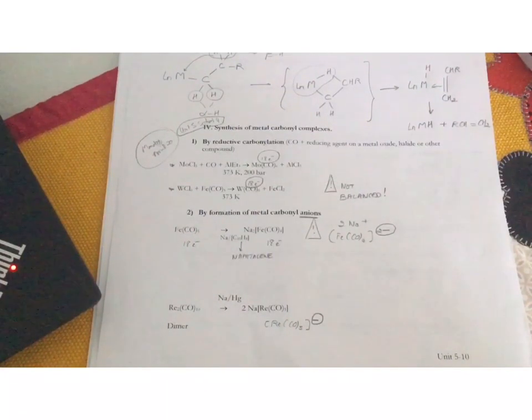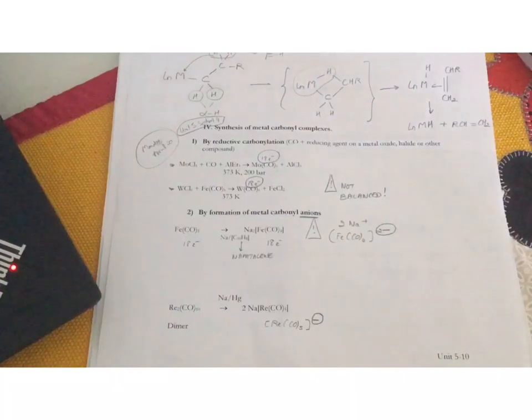And it's not that simple to just say, well, I'm just going to add carbonyl, like carbon monoxide, and hope for the best. There's a reason why it's called a reductive carbonylation: we actually have to use a powerful reducing agent for the metal to be able to get attached to a certain number of carbonyl ligands.